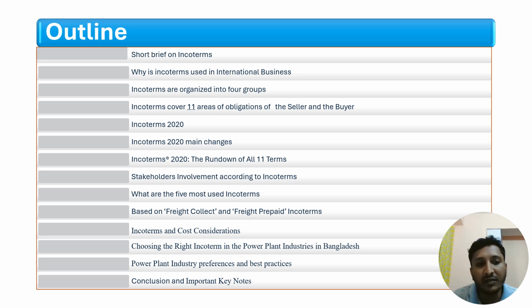Incoterms 2020, the main changes in Incoterms 2020, the round trip 11 traps, stakeholder involvement according to the Incoterms. What are the five most used Incoterms based on freight collect and freight prepaid? How can I identify the Incoterms and the cost considerations? Choosing the right Incoterms in the power plant industry, the real practice. Power plant industry preference, the best practices, conclusion, the keynotes.